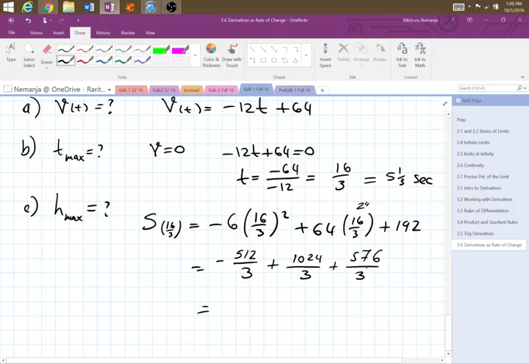So the first and the last work together to make 64. So 1088 over 3 feet. That's the highest it will reach.